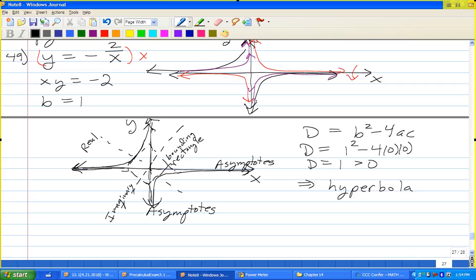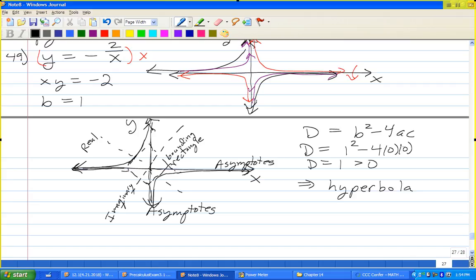The reason for that is because this is a hyperbola. In general, you can go through asymptotes and touch them as many times as you want, cross them and do all sorts of things. But in hyperbolas, we have the very special property that you approach but never touch nor cross your asymptotes.